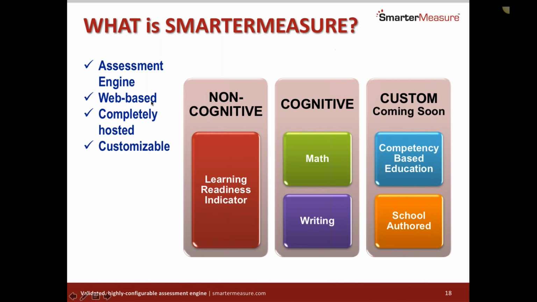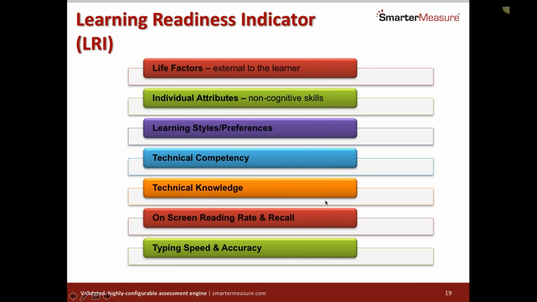Now, this is just telling you what we as a company are, but we'll focus on the non-cognitive piece today, which is the learning readiness indicator, going through some name changes. So things may be changing over the next year or two, but SmarterMeasure, the learning readiness indicator, it's all what your school has a license for.